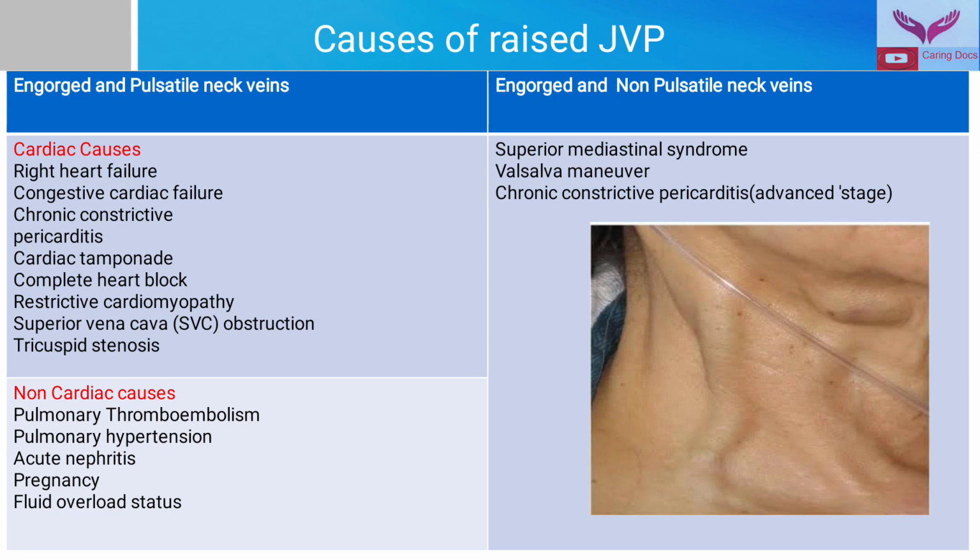The cardiac causes are right-sided heart failure, congestive cardiac failure, chronic constrictive pericarditis, cardiac tamponade, complete heart block, restrictive cardiomyopathy, SVC obstruction, and tricuspid stenosis. The non-cardiac causes are pulmonary thromboembolism, pulmonary hypertension, acute nephritis, pregnancy, fluid overload states.